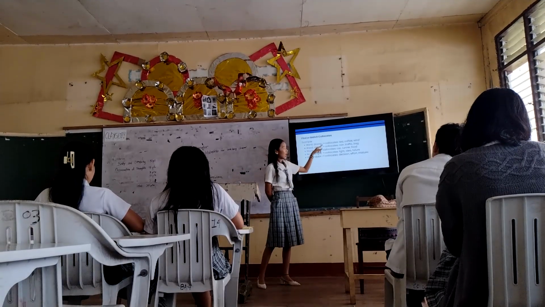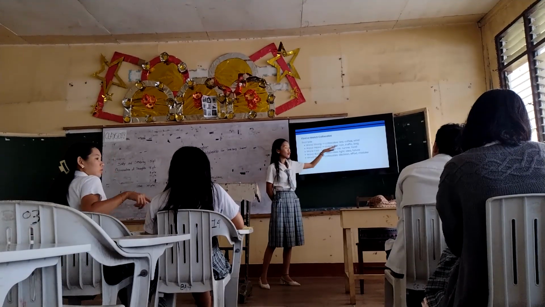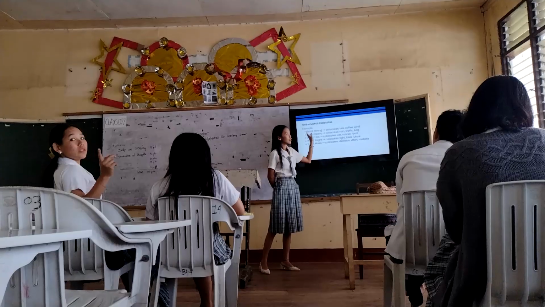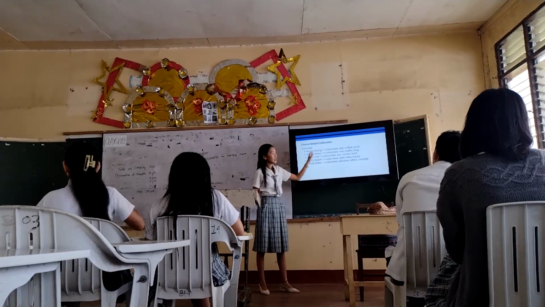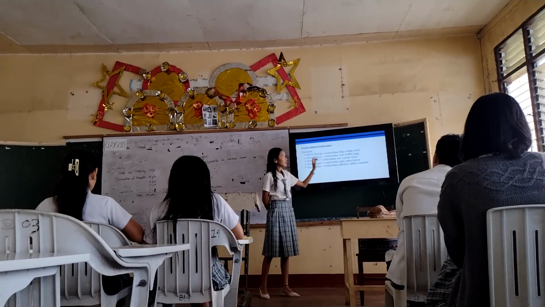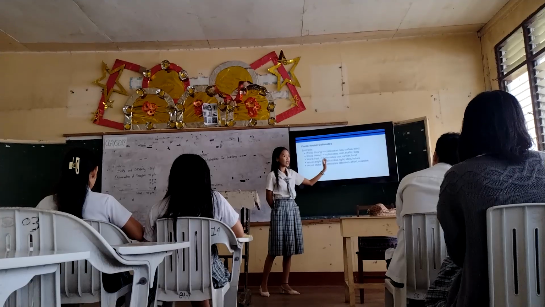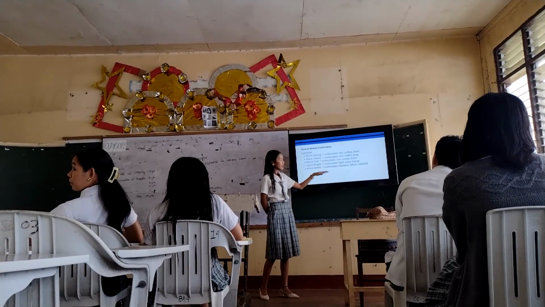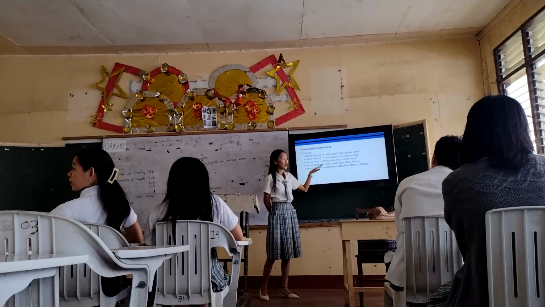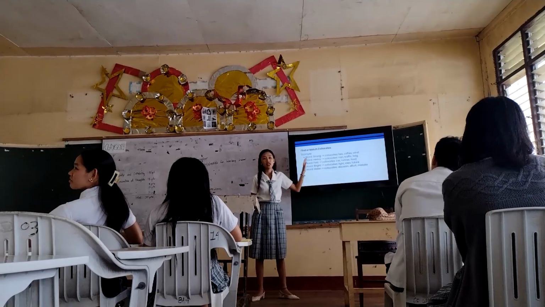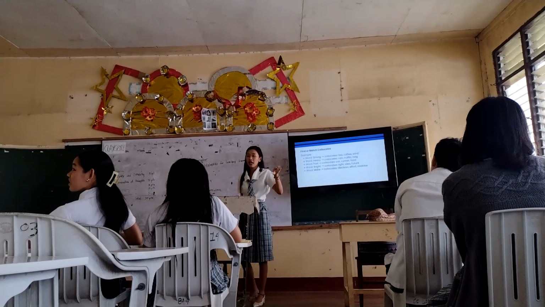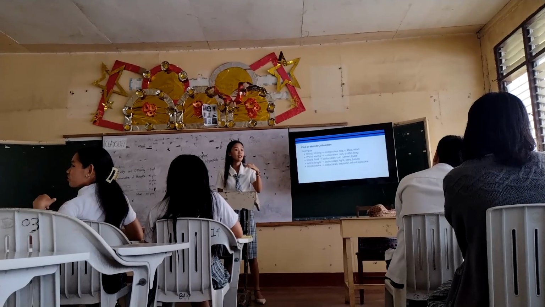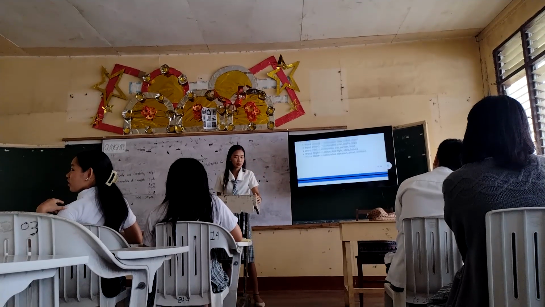So strong collocates: strong coffee, strong tea, strong pen, heavy rain, heavy traffic, heavy bag, fast car, fast runner, fast food, bright light, bright idea, bright picture, and make decision, make effort, and make mistakes. These are the words that appear together in a language.